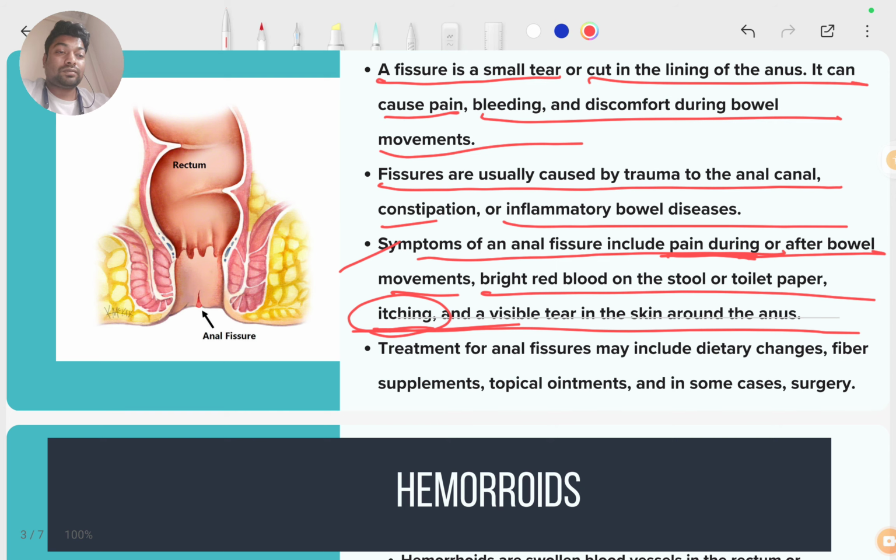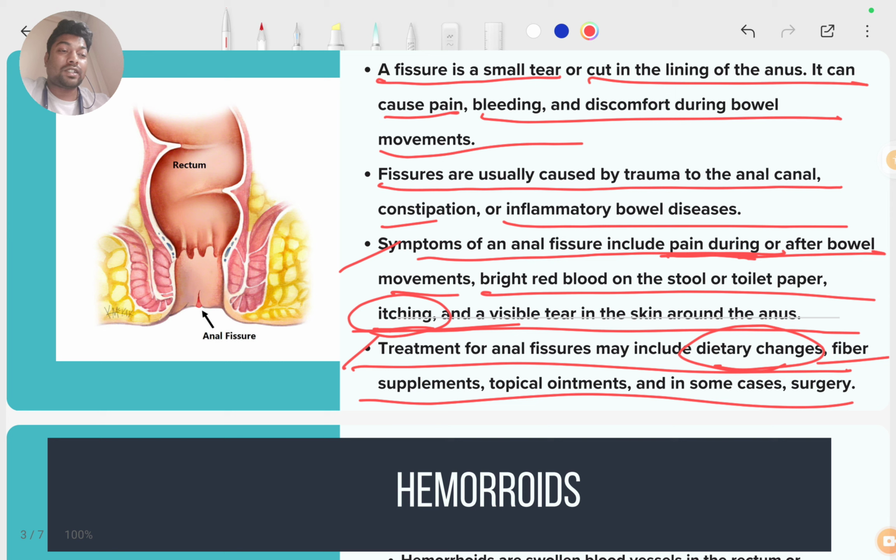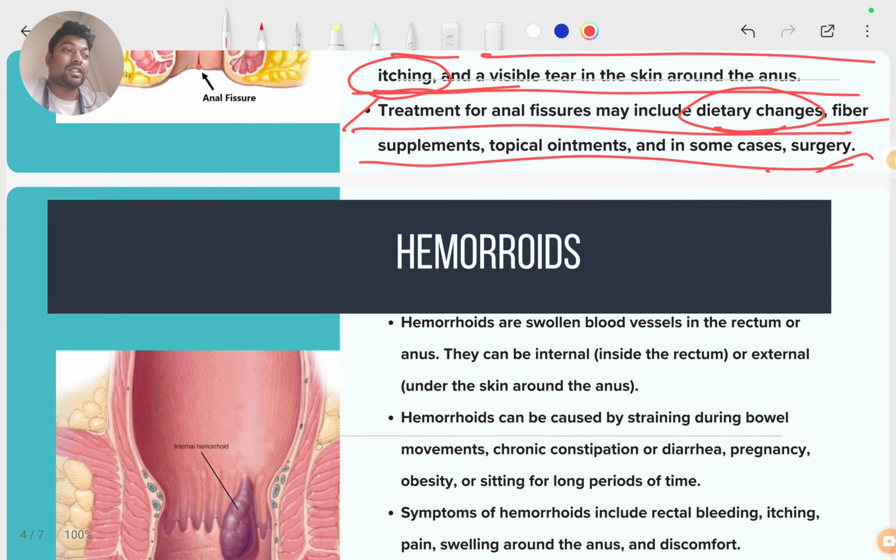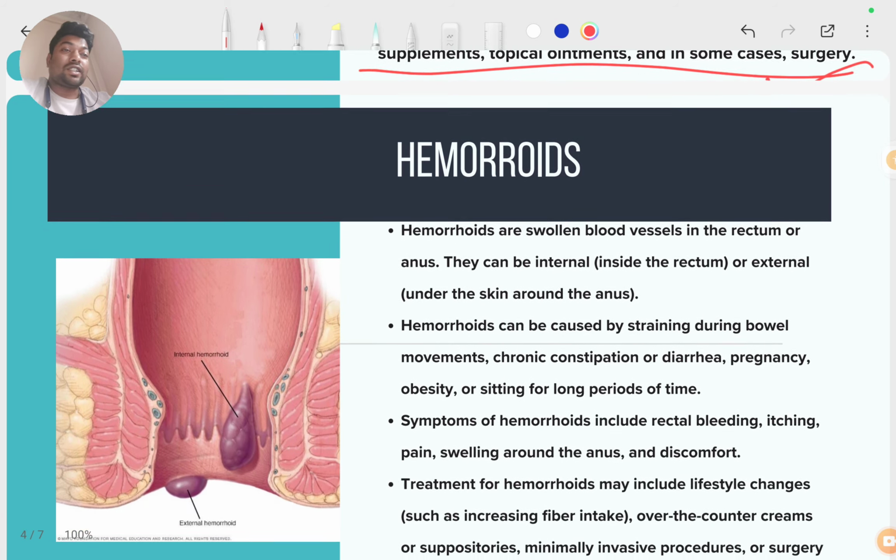These are symptoms. Now talking about treatments. Treatments for anal fissures may include dietary change, which is very important. Fiber supplements and topical ointments are also given. In some cases surgeries are also suggested for these patients.